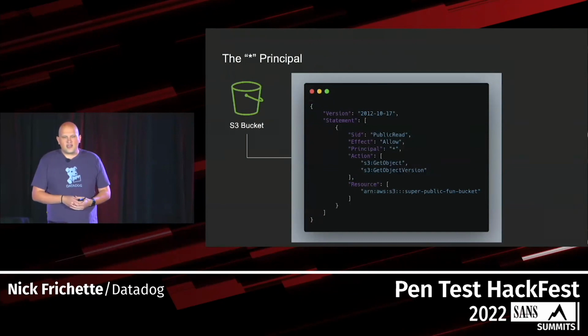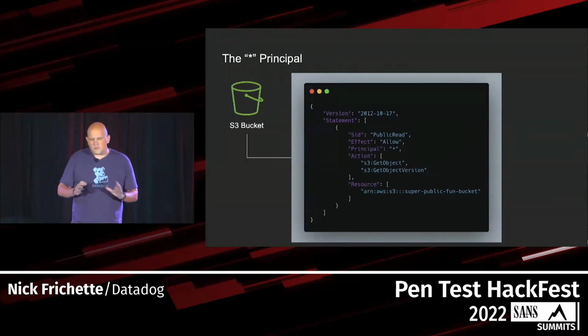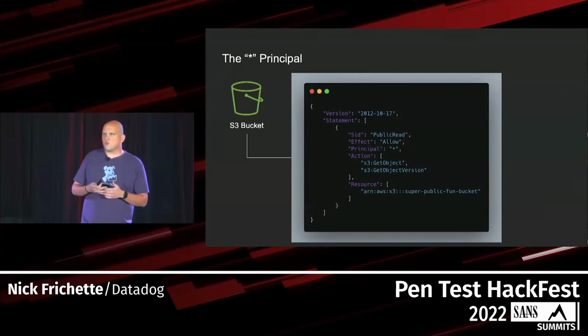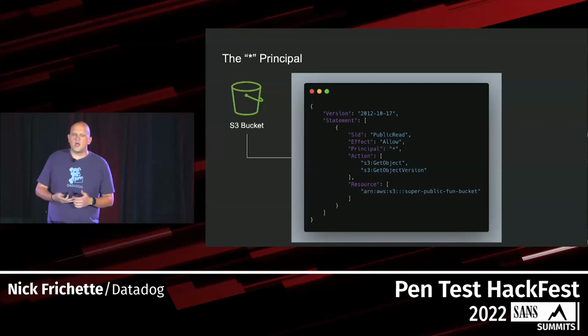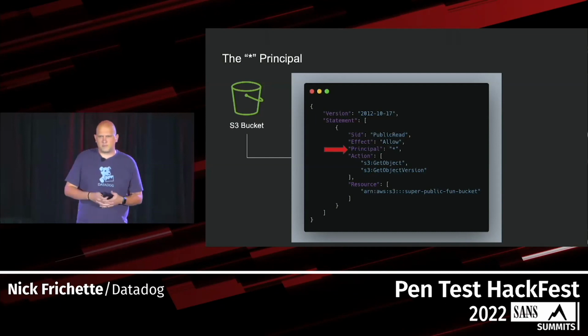Another interesting thing to note about resource policies, to be clear, they can be misconfigured a number of different ways depending on the situation and what you have access to at any given time. The one principal, though, that is sort of the easiest to go wrong is what we refer to as the wildcard principal, sometimes referred to as the star principal.